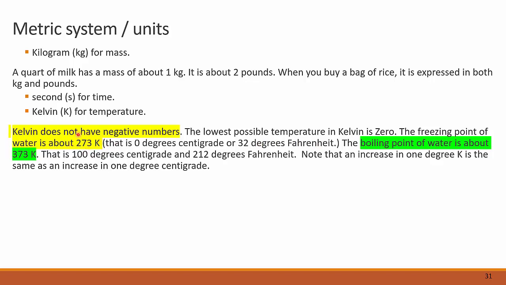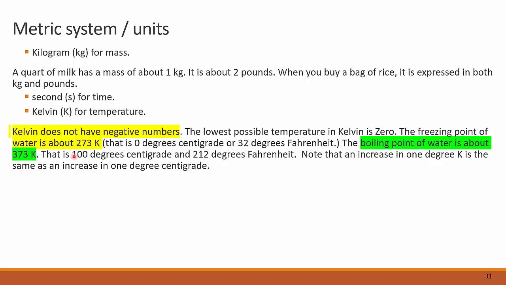That's why we have large numbers. The boiling point of water in Kelvin is 373 Kelvin, which is 100 degrees centigrade and 212 degrees Fahrenheit.